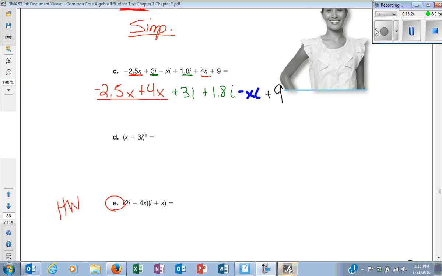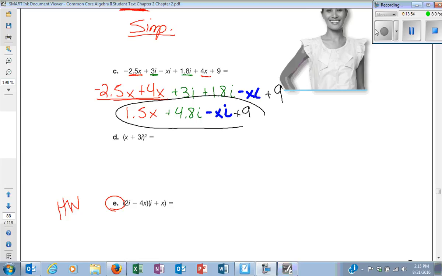So go ahead and combine those. When you take 2.5 and you add 4, you should end up with 1.5x. That's that combined. When you add these guys, you should end up with a plus 4.8i, and then this guy doesn't combine with anything, so it's minus xi plus 9. So I tried to show you which ones could be combined together.